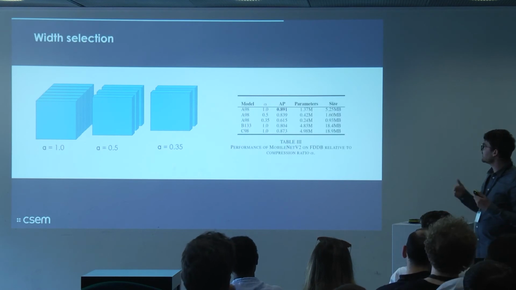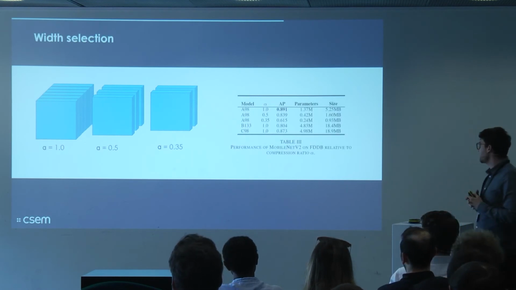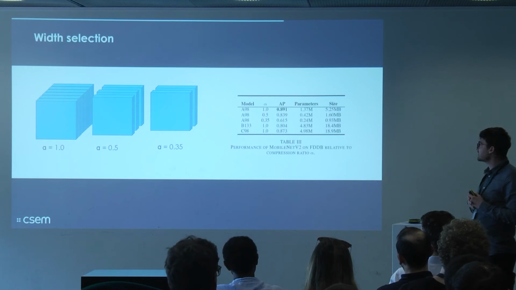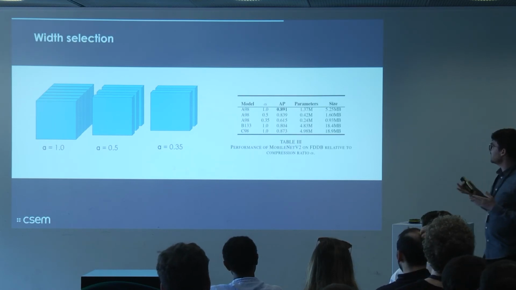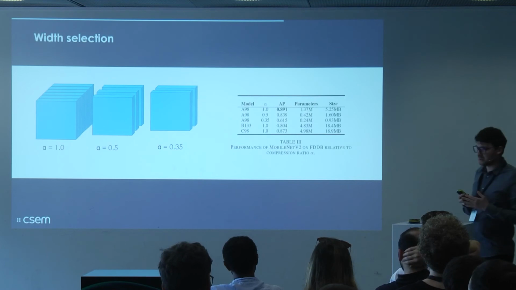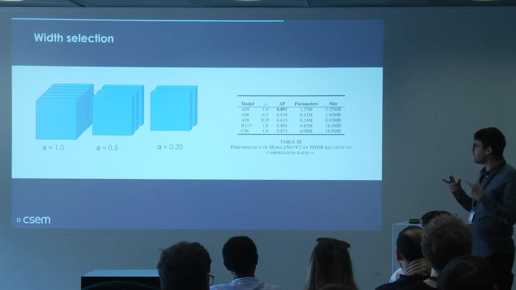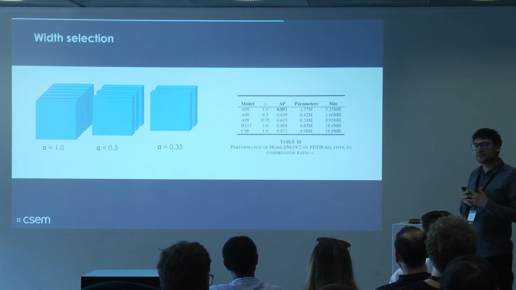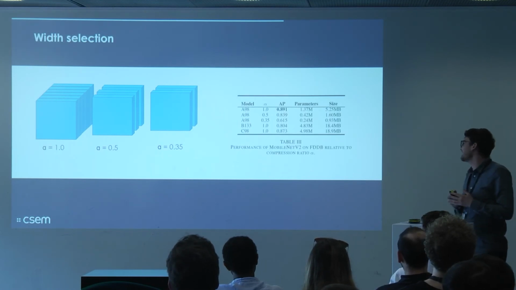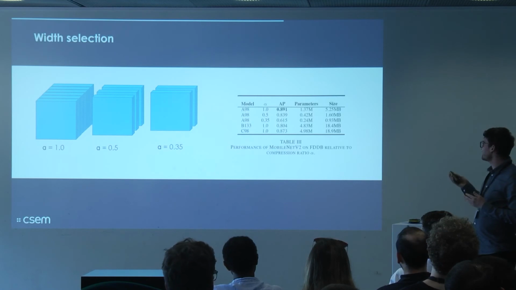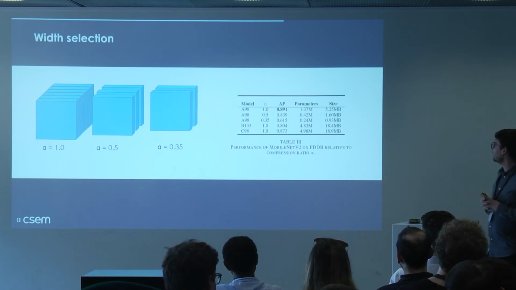If we use the A98 model, which was the first model selected, and we reduce the number of filters, we can see that the performance decreases. But we can see that the A98 model with 0.5 value of alpha, so half of the number of filters, still performs better than the other models like B133 and C98. And it also has way fewer parameters.